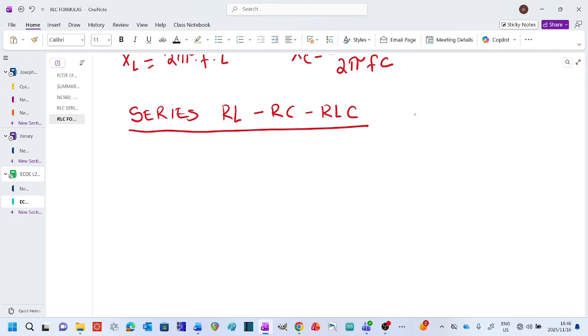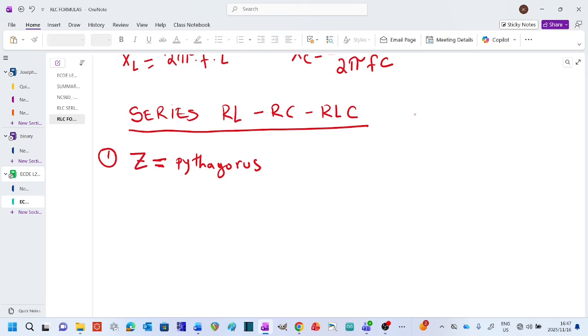So when you are dealing with a series circuit, the first thing you need to know, they will usually ask you to determine the impedance. Not all the time, but this is a general case where you are asked to determine the impedance. So when determining the impedance in a series circuit, you apply the Pythagoras formula, the triangle, where you are calculating the hypotenuse.